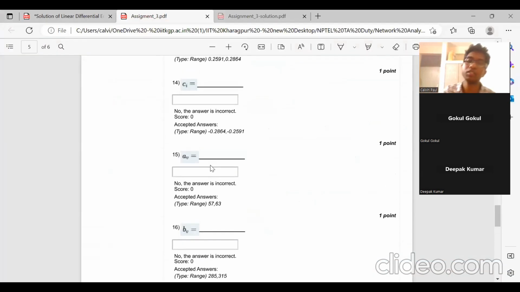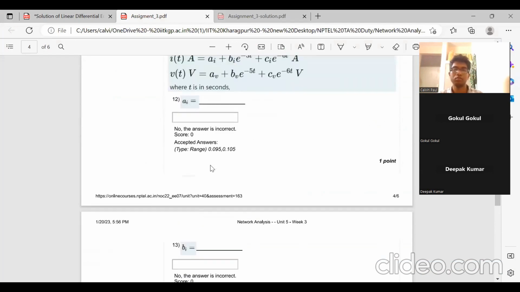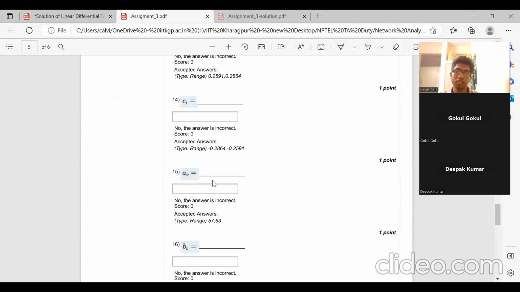So one thing to remember is they have a range. Suppose AB is coming 60. Then any answer between 57 to 63 is valid. They are giving a plus or minus 5% tolerance. 5% tolerance of 60 is 60 into 0.05, that is 3.